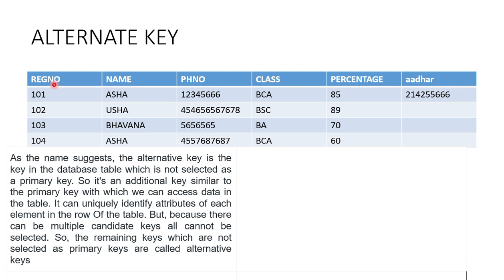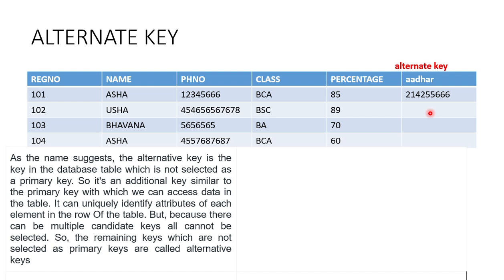So apart from the primary key, if you feel any other field should also act like a primary key, where repetition is not allowed and it should compulsorily be not null, then we can go for the alternate key. So here I have taken Aadhaar as an alternate key because no two persons can have the same Aadhaar number.